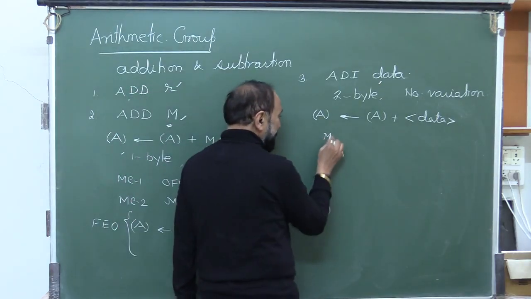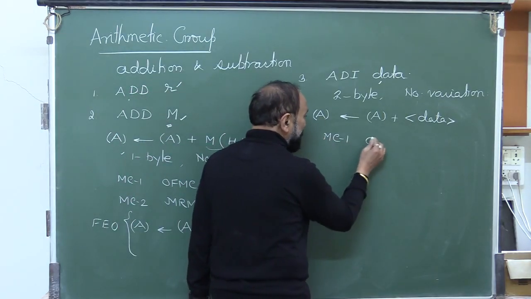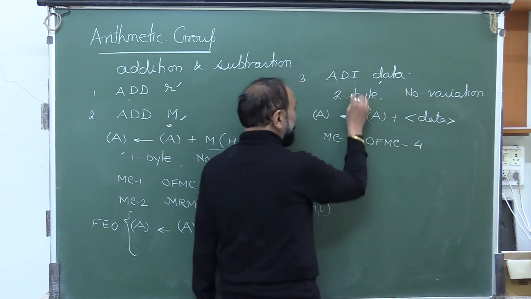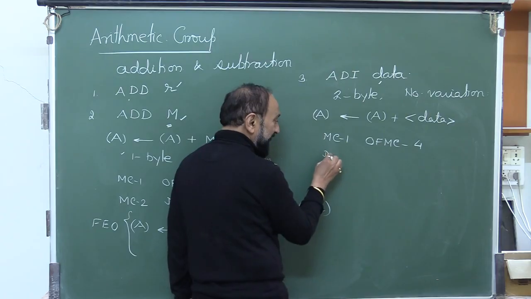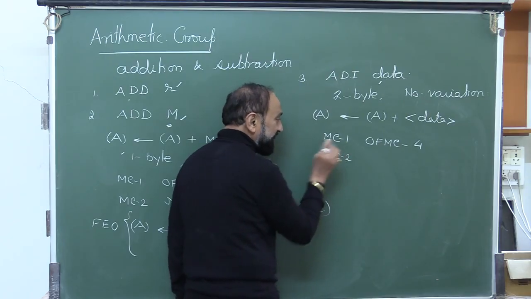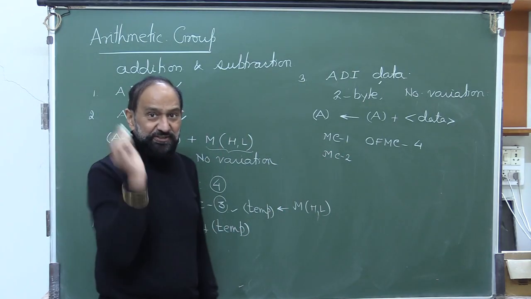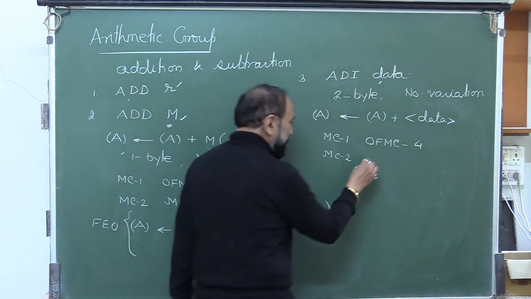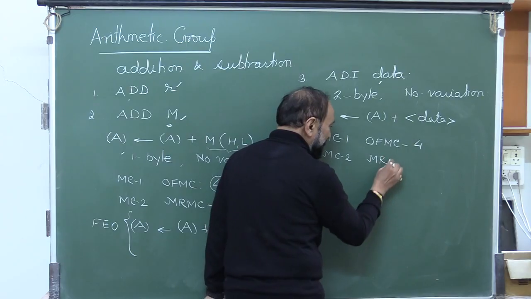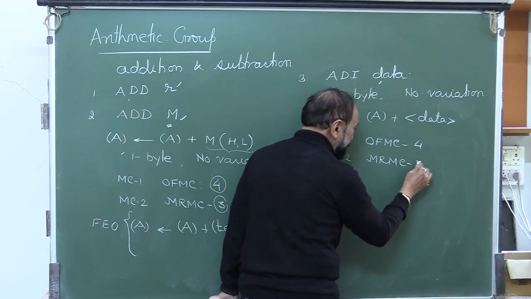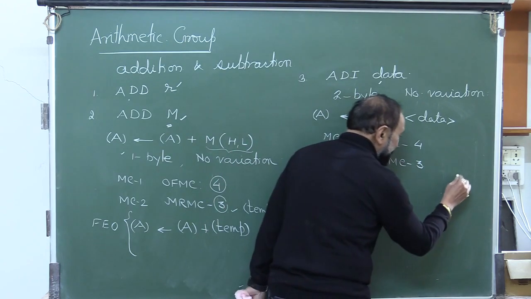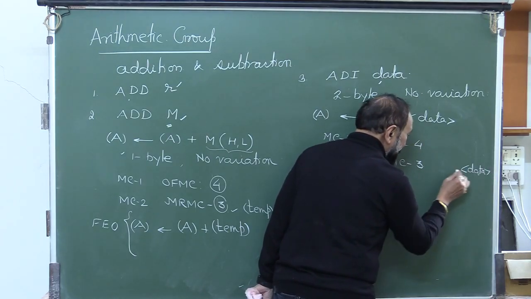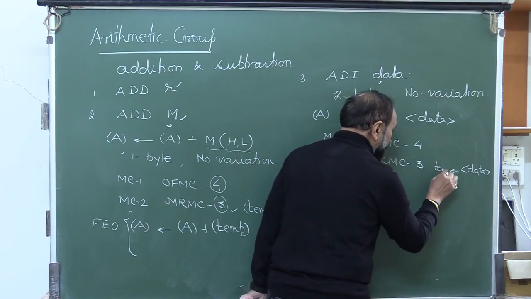So it executes opcode fetch machine cycle of 4 states, reads the code, and after decoding it, it comes to know the instruction is add immediate, which is a 2-byte instruction. So it executes memory read machine cycle of 3 states, and the second byte of the instruction is read and it is moved to temporary register.